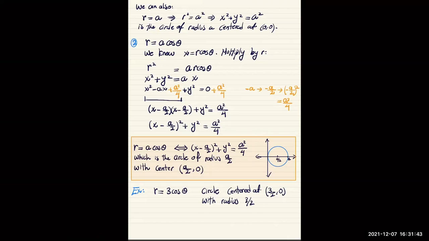So would we ever see a shift? Like, let's say 3 cosine theta plus something. Yeah. If you add a number to this, by the way, that is not a vertical shift. Do you know why? No. That's because this is not a function of x. This is not a Cartesian thing.